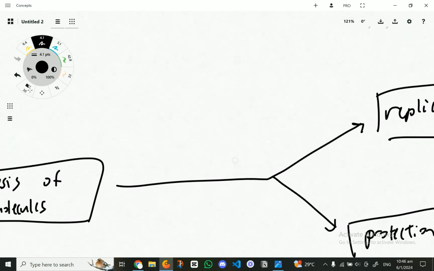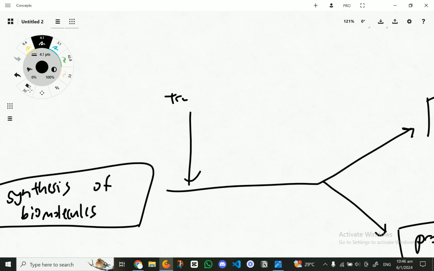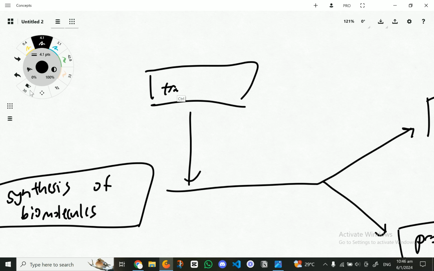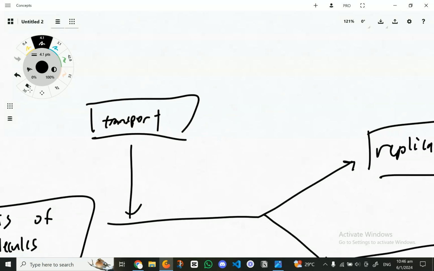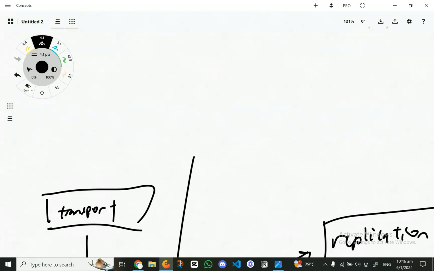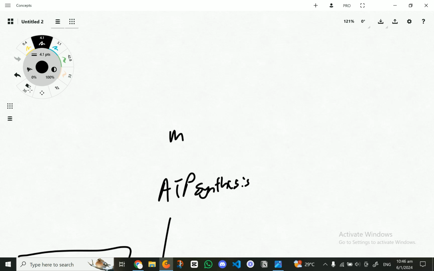And in this process, after synthesizing, you will have transport. I can't spell transport. Jesus. And also ATP synthesis by our good friend, the mitochondria, the powerhouse of the cell, lovely.